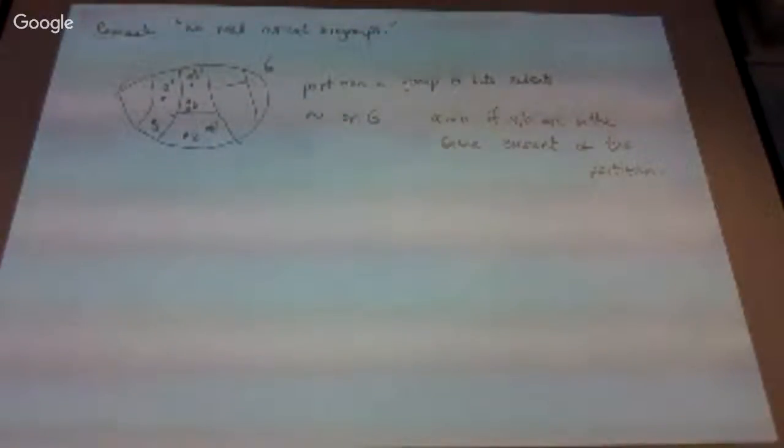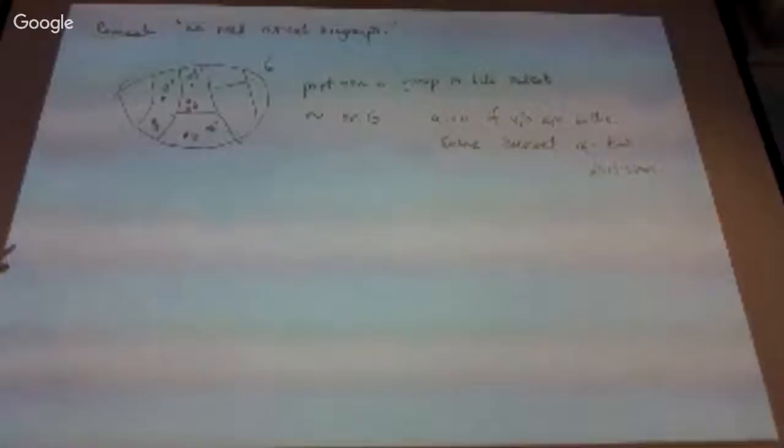Now, one way of getting such a thing was a normal subgroup and its cosets. So we know that. Now, the question is, can we do something else?